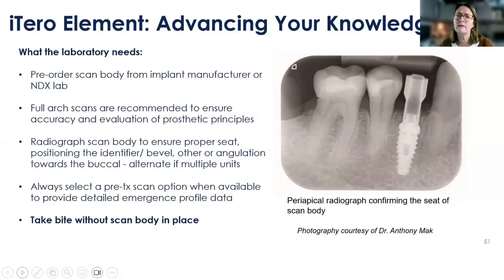And the value in that, especially in the aesthetic zone, in the anteriors, is it allows the lab technician now to have that gingival tissue scan when designing a beautiful emergence profile for that crown. It's really, really important, again, especially in the anterior, but in the posterior as well. It helps to alleviate some of that black triangle effect from a crown that isn't designed to appear very naturally growing out of the tissue itself.